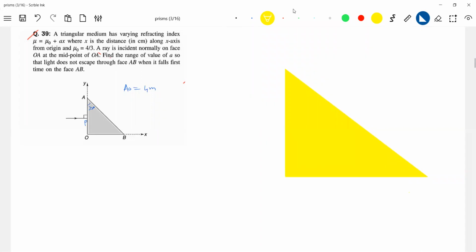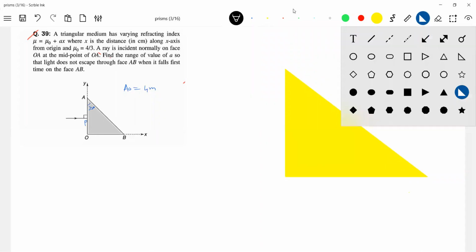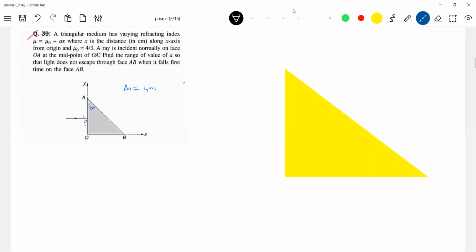Okay, there's a thing. So the ray is entering here. So this angle is 37 degrees.